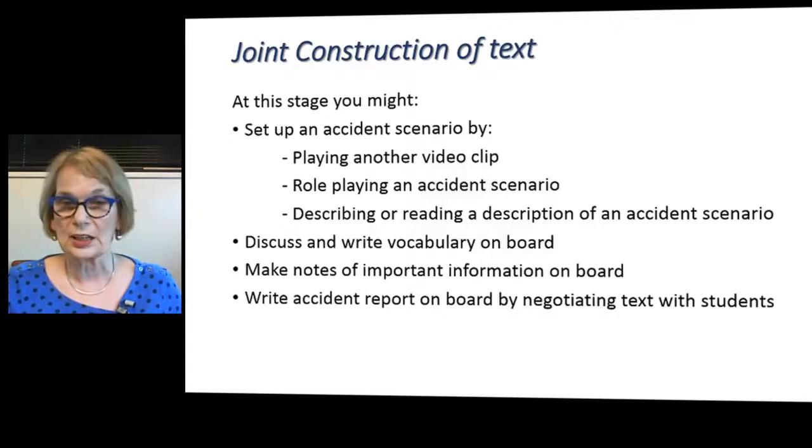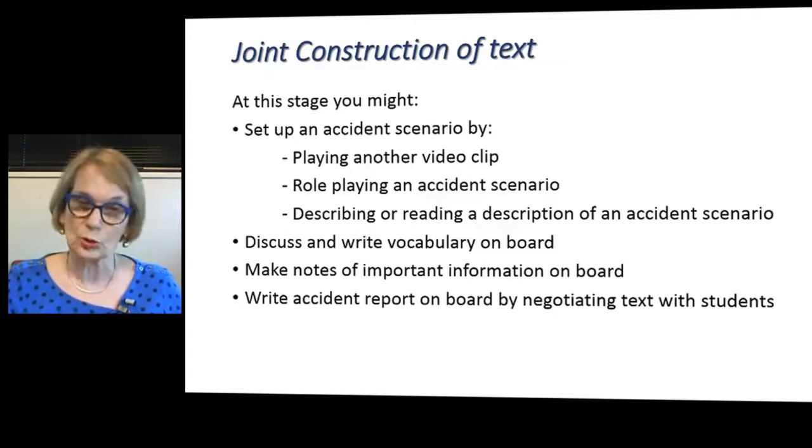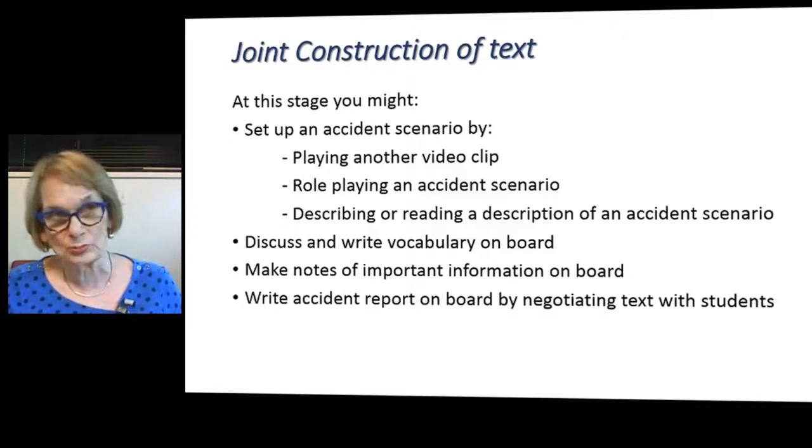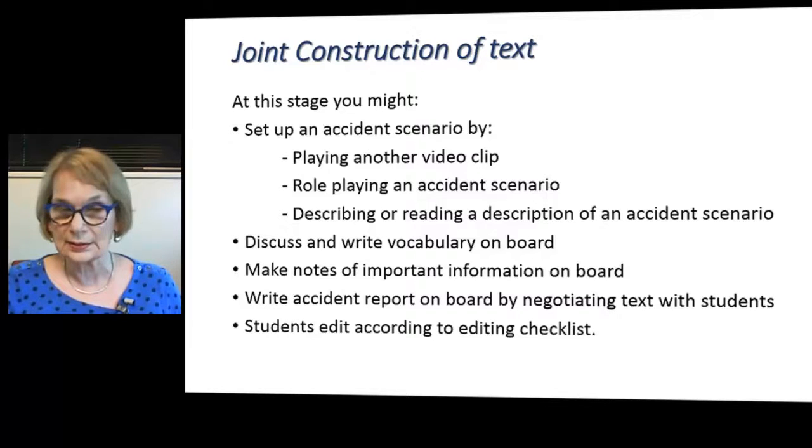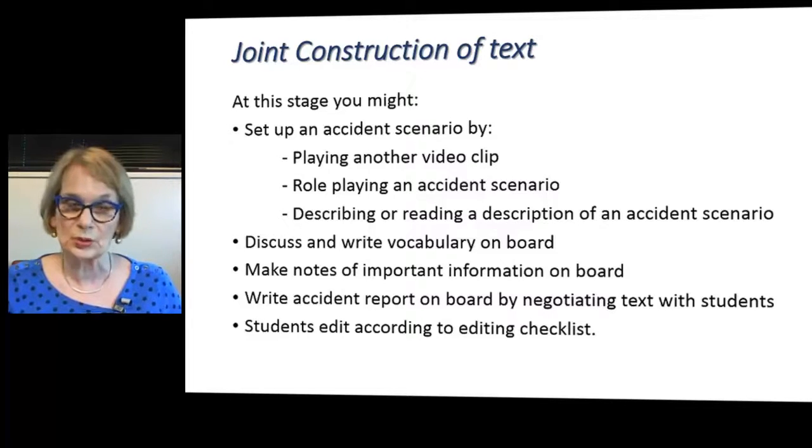and then you write the accident report on the board, or somehow, by negotiating the text with the students. What are we going to write first? What happened first, and so on, and you write it up all together. And then we need to edit what they've written on the board. So have another look. Is this really how it happens step by step, or do we need to move this bit up there, or whatever? Using an editing checklist.